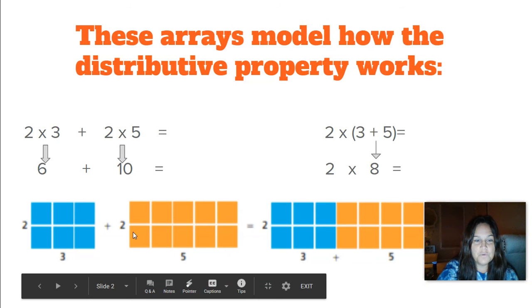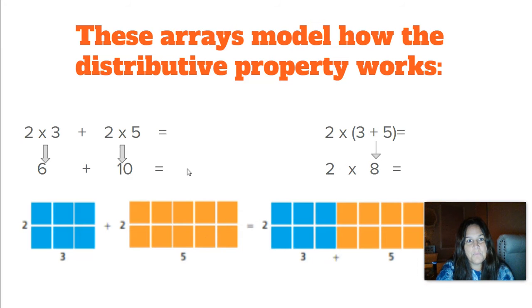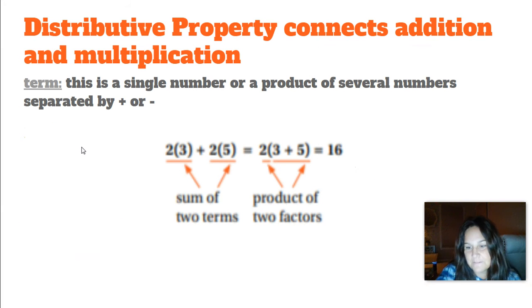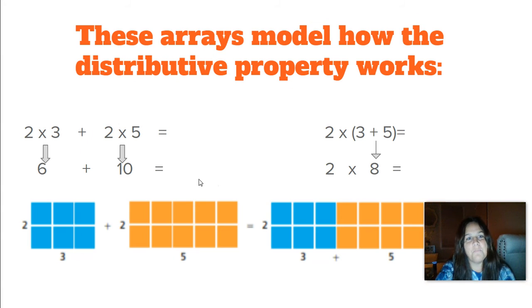So that's 1, 2 by 1, 2, 3, 4, 5. 2 by 5 is giving us the area of 10. So if I go ahead and count all of these cubes, 1, 2, 3, 4, 5, 6, 7, 8, 9, 10, 11, 12, 13, 14, 15, 16, you can see that you come up with 16.